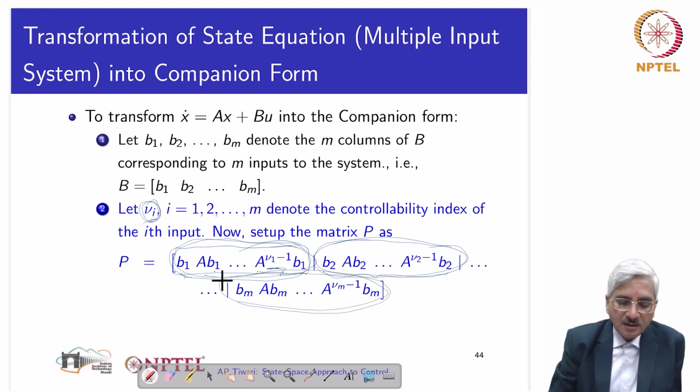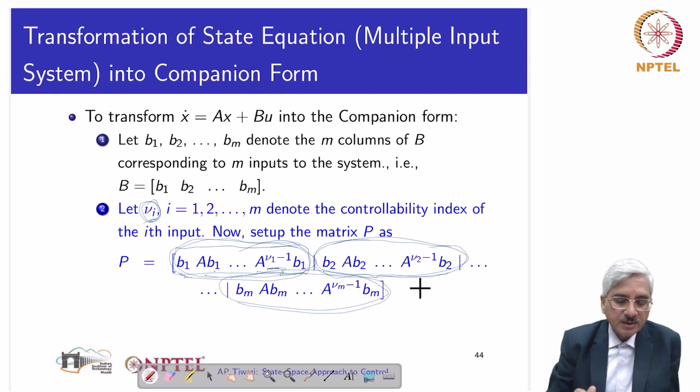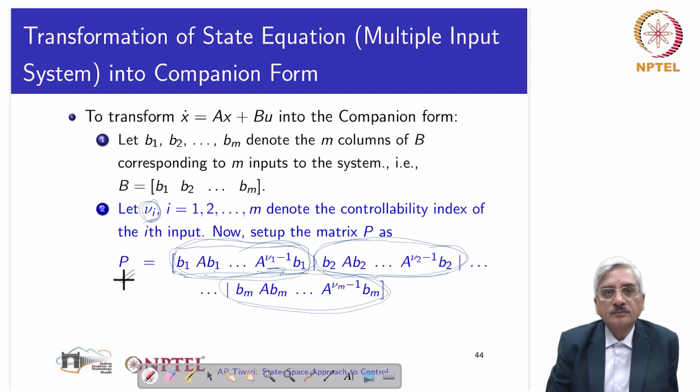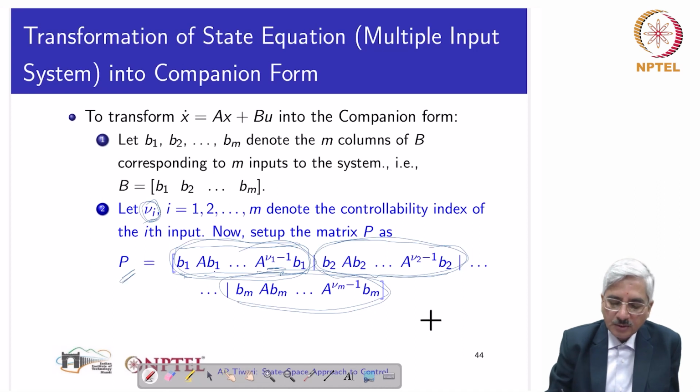And so we get nu1 plus nu2 plus etc. nu m columns assembled together as P matrix. This will be a rectangular matrix. This will have n rows and n by m columns.